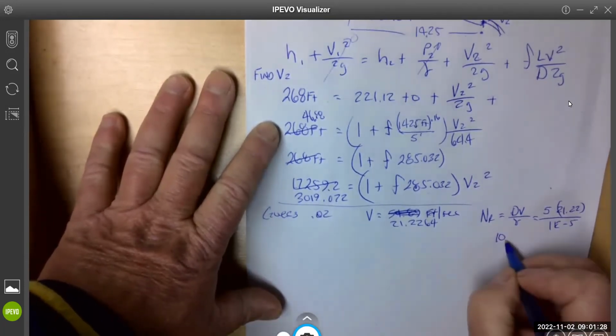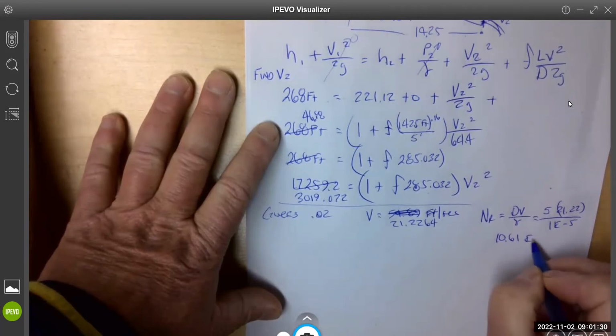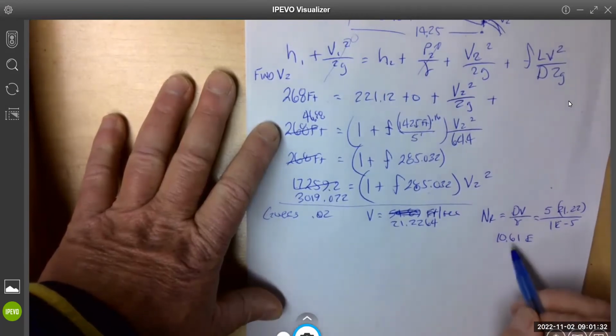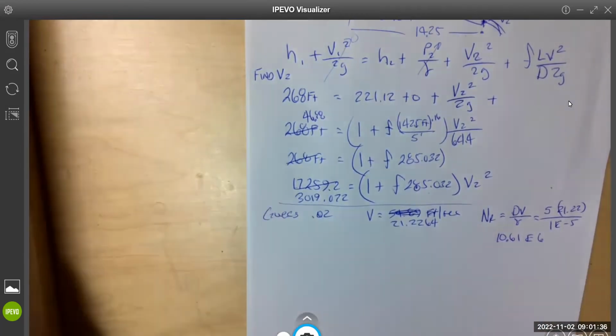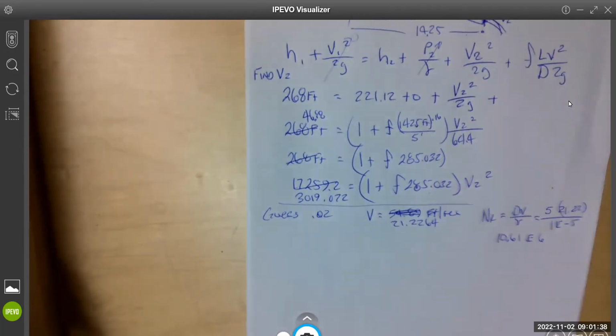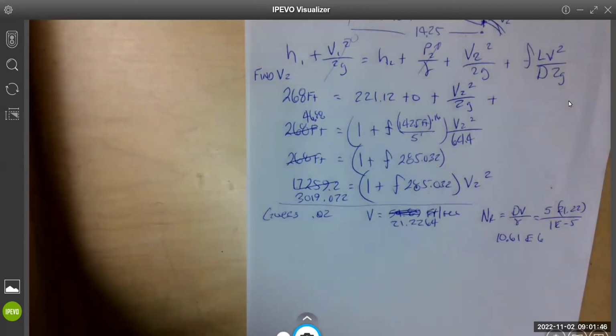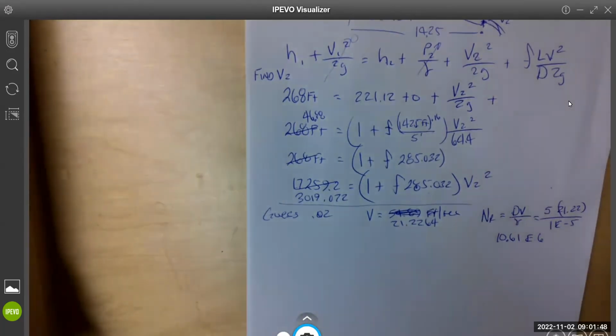10.61 e to the 6. Yeah, I think that makes sense because that's what's on the graph. So then we also need the roughness factor.